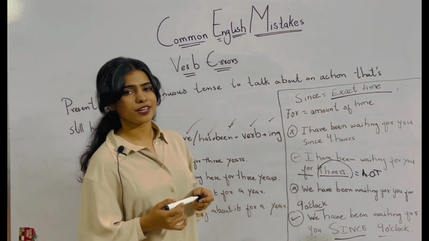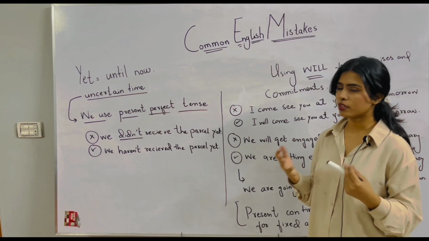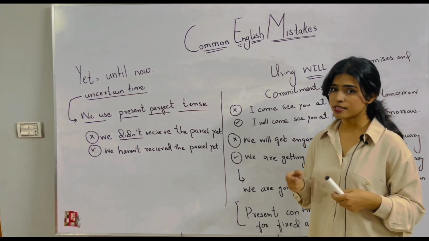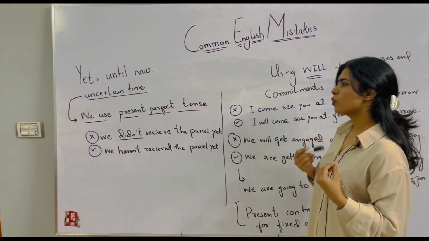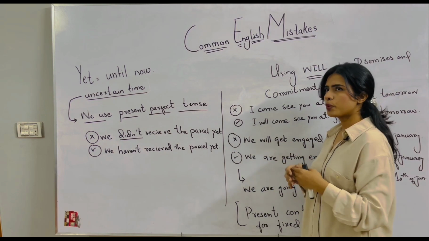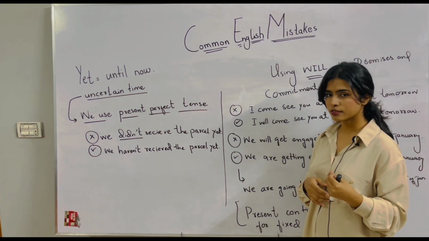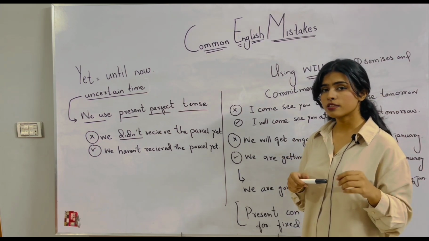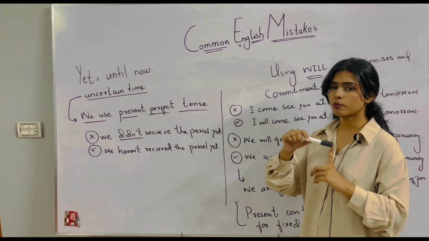So that's the correction. The next mistake people make is with the word yet. Yet means until now or up until now. So the most common mistake is that whenever people use yet, they use it with past simple tense. Yet means until now, which means there is an uncertainty of time.